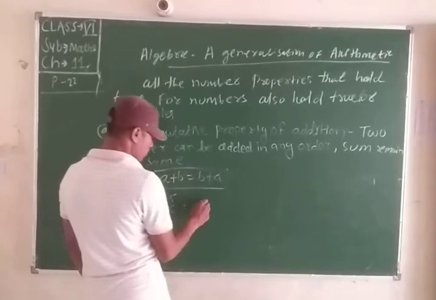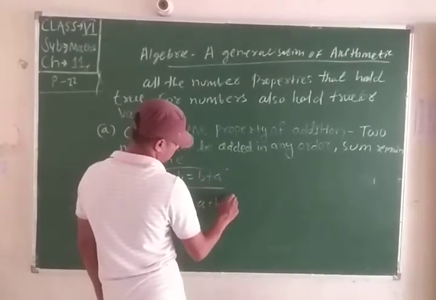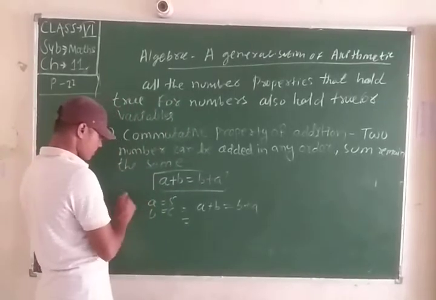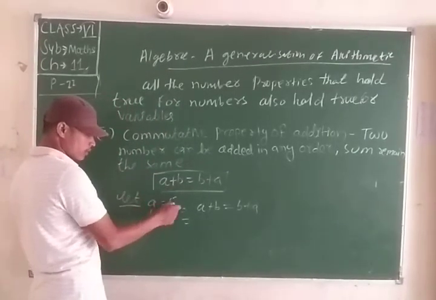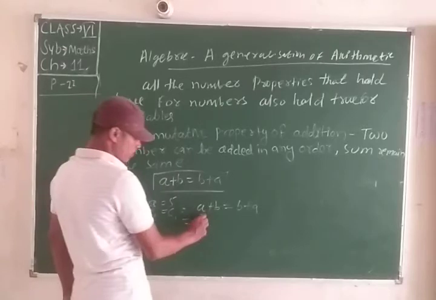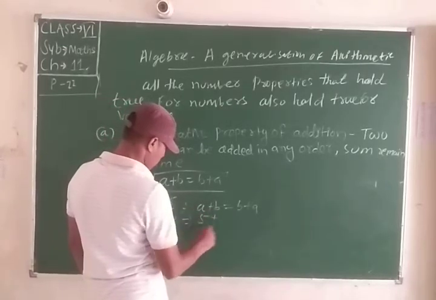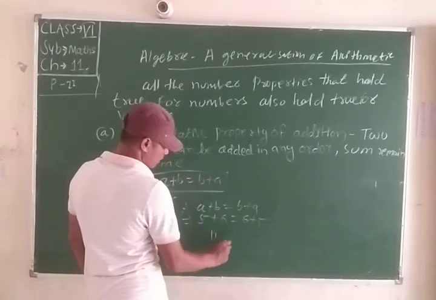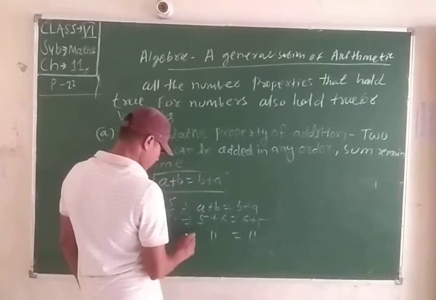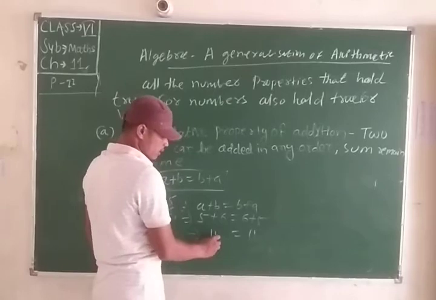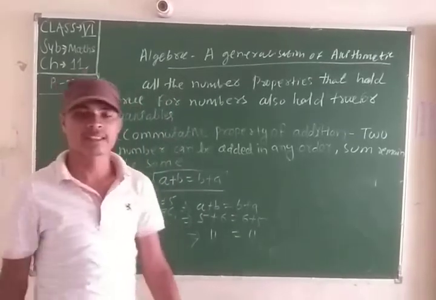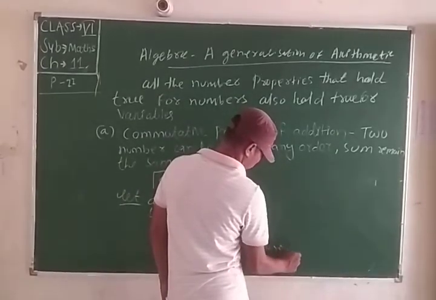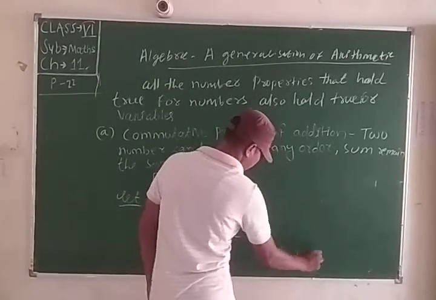So a plus b equals b plus a gives 5 plus 6 equals 6 plus 5. Now 11 equals 11. See here, LHS equals RHS.